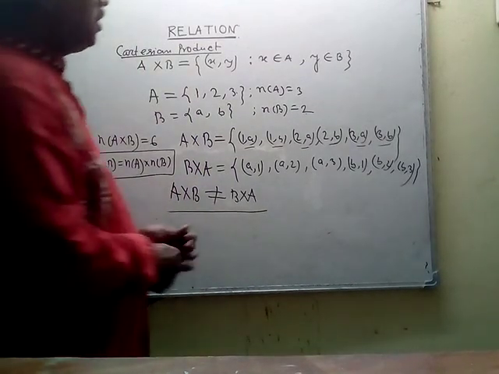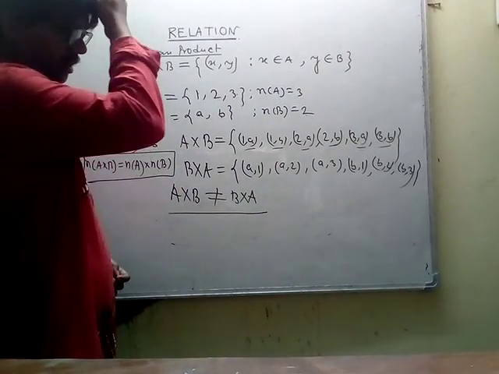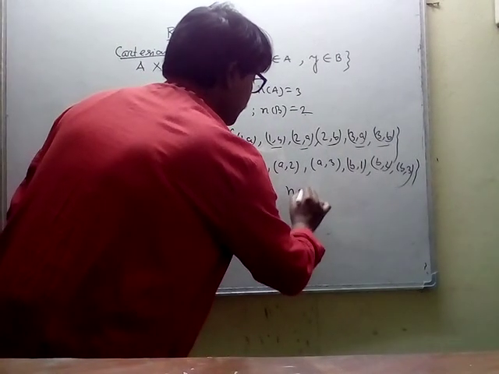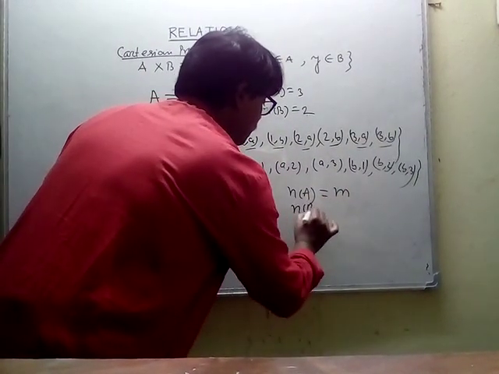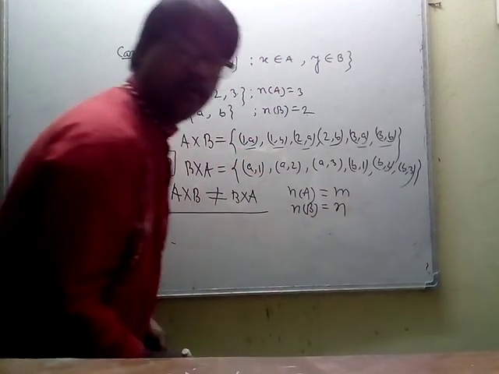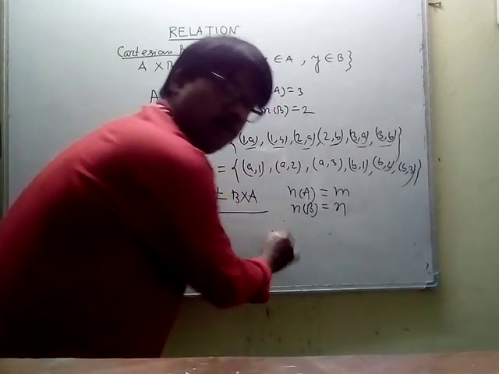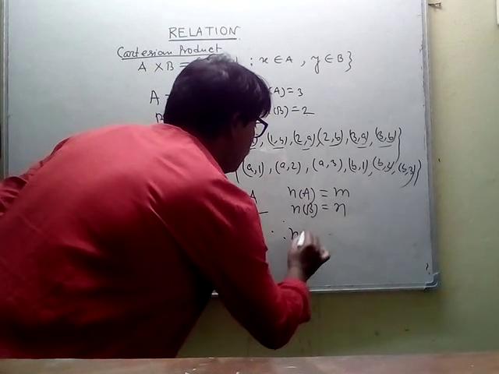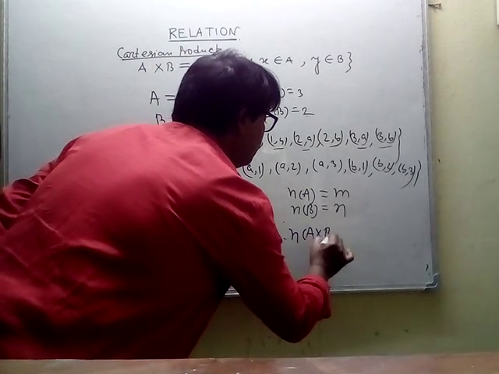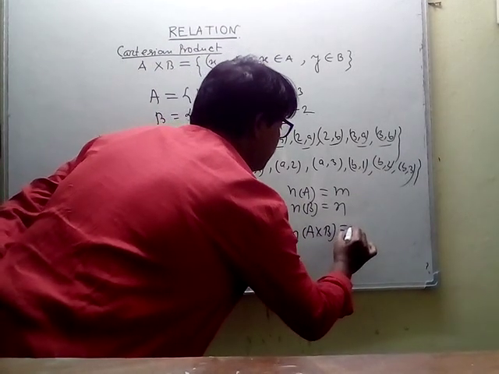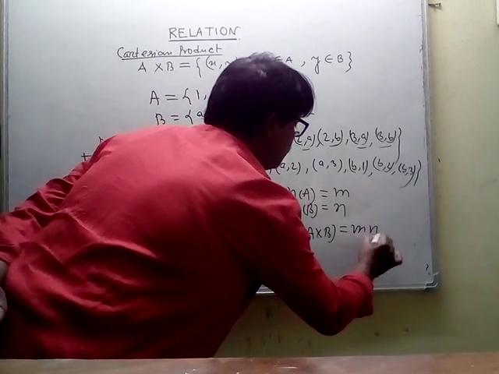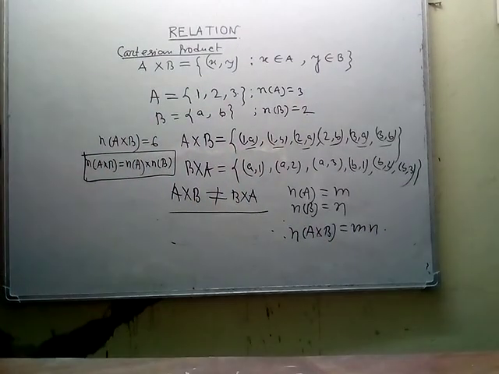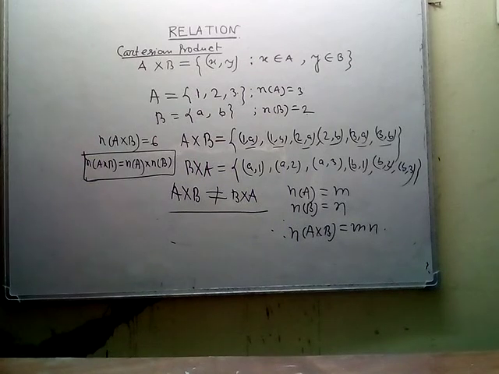So if for any set A, the cardinal number of A equals m, say, and the cardinal number of B equals n, then the cardinal number of A cross B will be the cardinal number of A into the cardinal number of B, that is m into n.